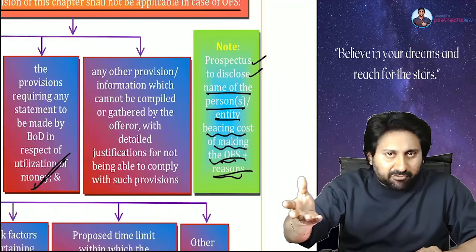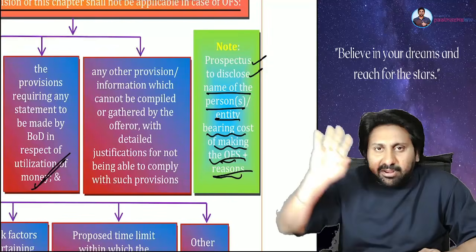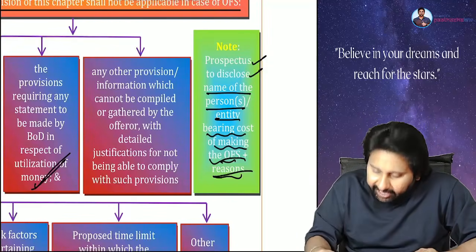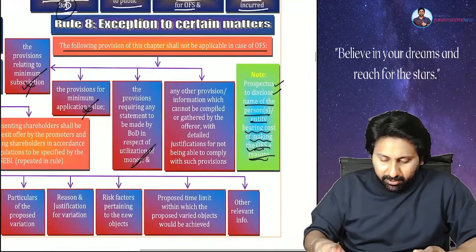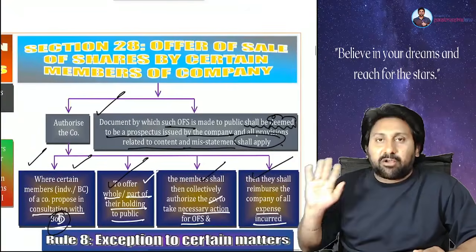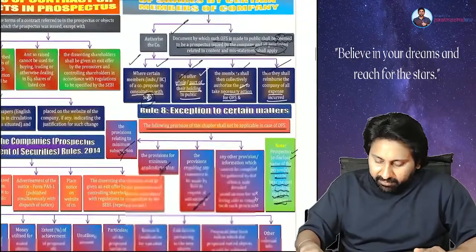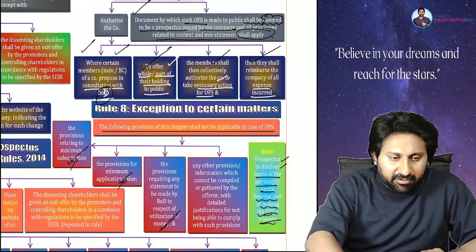The company will incur a lot of cost. Okay, who will reimburse? 1 or 2 people in that 100 will first reimburse. Who are those people? Clearly make the disclosure in the prospectus. That's what it wanted to tell. Okay, this is all about the concept of section number 28, offer for sale. I'm putting it before you on a full screen. Read it, complete it fast.